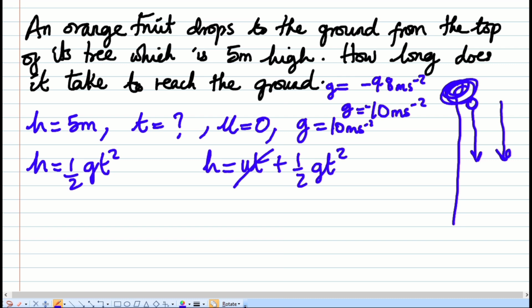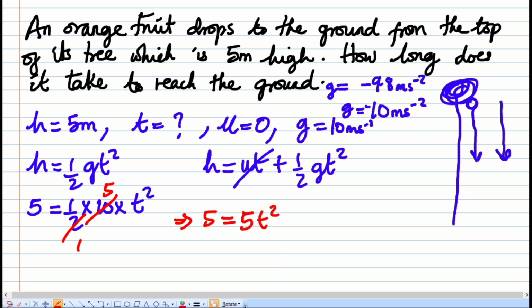We have this formula, so let's use that to find the time. The height is 5. Substituting now, ½ times g, which is 10, times t². We can use the 2 and cancel out, so 5 is equal to 5t². So just divide both sides by 5.